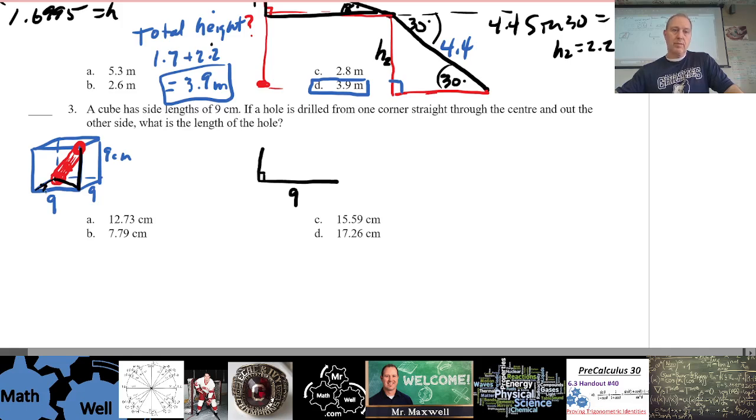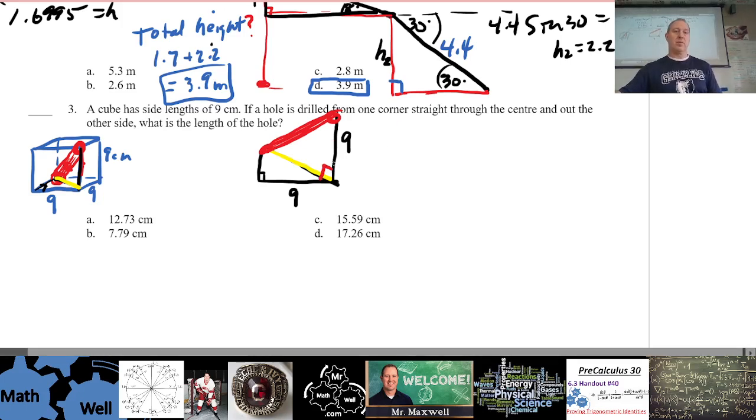Here's the bottom corner, and then I have this yellow part. And then I have 9 in the vertical direction. And then this length would be the whole hole. So I kind of have 2 triangles if I can lay it out like that. And then this is a 90 degree angle there.